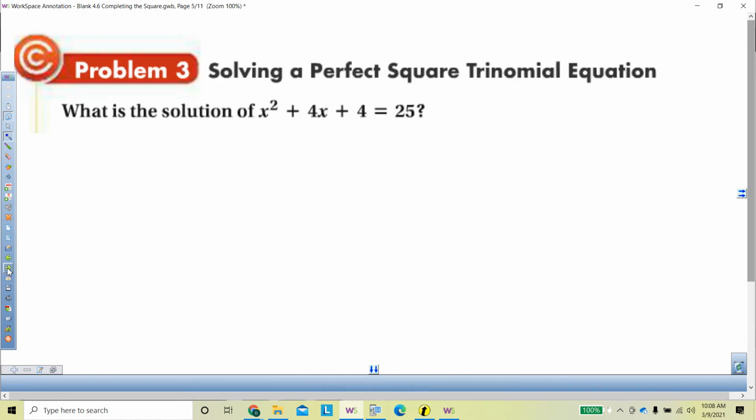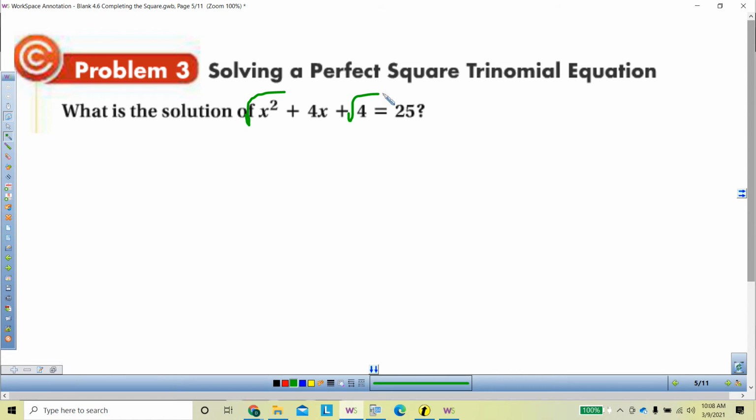Let's do this one. So, solving a perfect square trinomial equation. Get in the habit of reading the stuff next to the problem number 3. It will help you understand what's going on. This thing is called the perfect square trinomial on the left side of the equal sign. The reason it's called that is because we can take the square root of the a term, and we can take the square root of the c term.